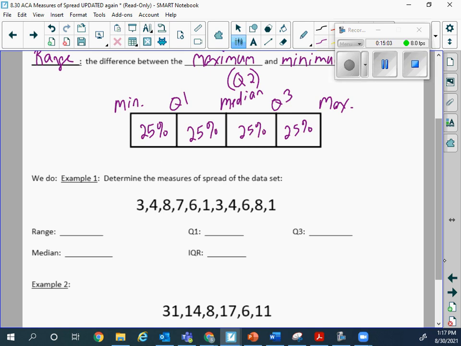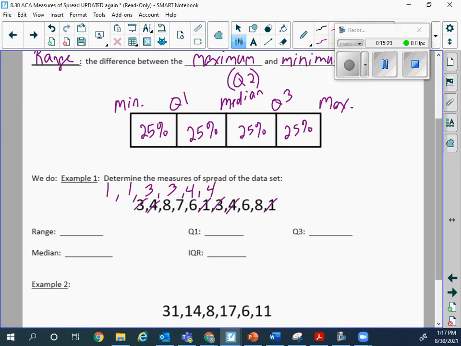Determine the measures of spread of the data set. What do we need to do with these numbers first? Put them in order. That's exactly right. So what do we have? We have a 1 and a 1. Now what? 2 3s. Now what? 2 4s.